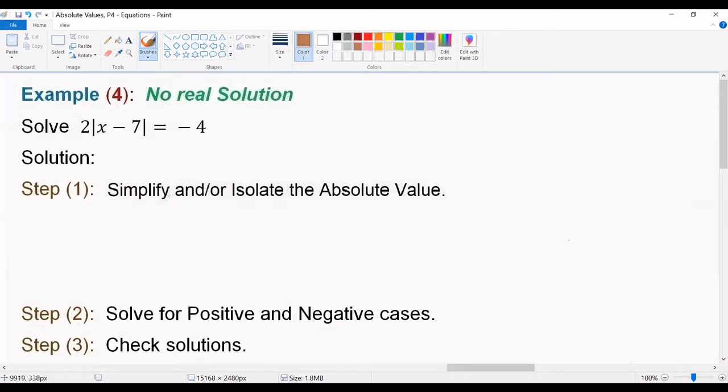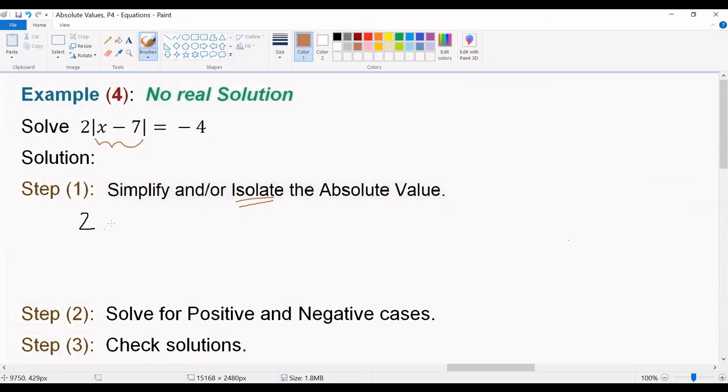In example 4, we're going to follow a 3 easy step process of solving our absolute values. In our first step, we're going to isolate our absolute value statement. So we're going to treat x minus 7 inside the absolute value as if it was its own giant variable. So now we have as follows.